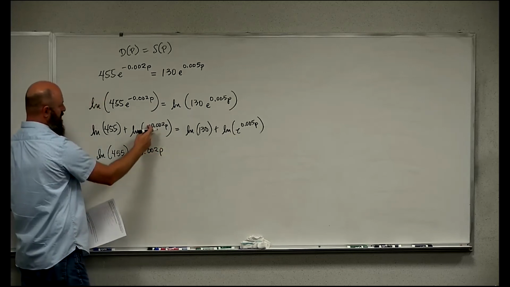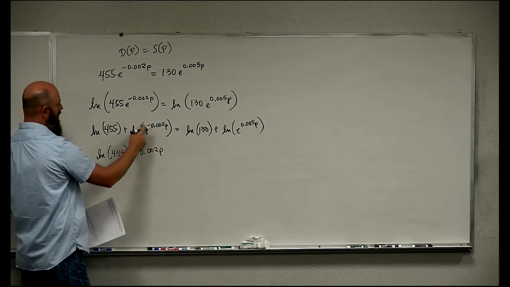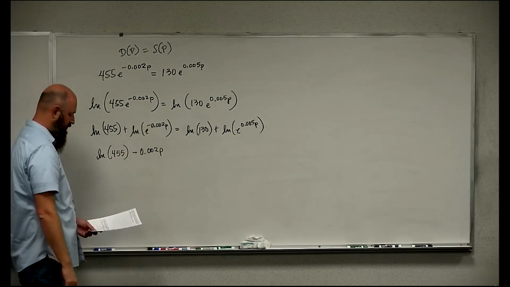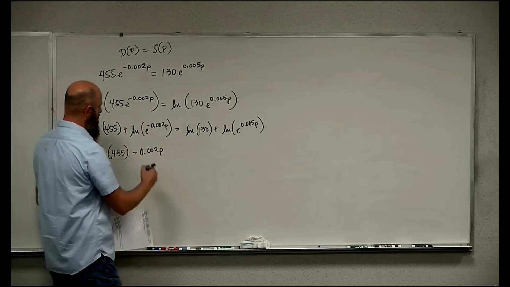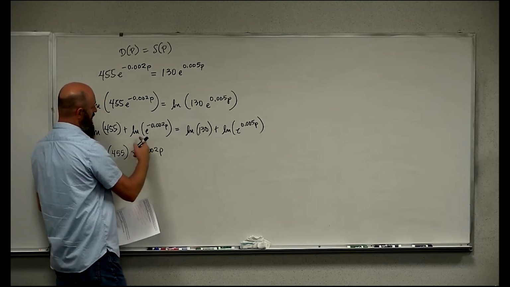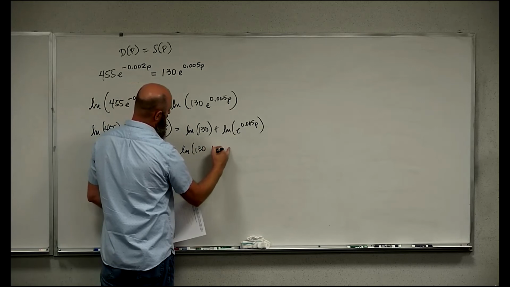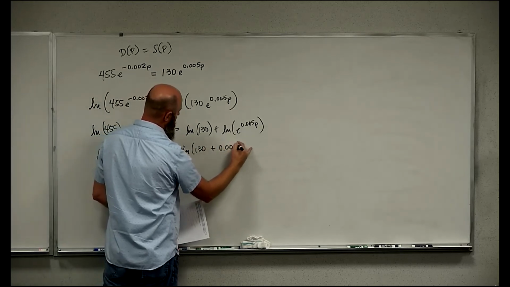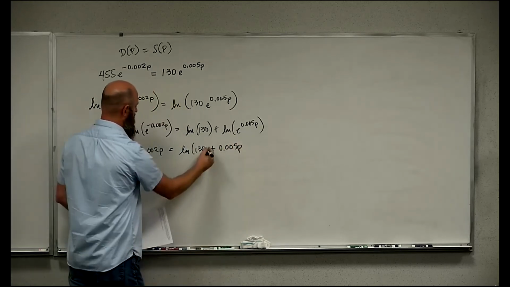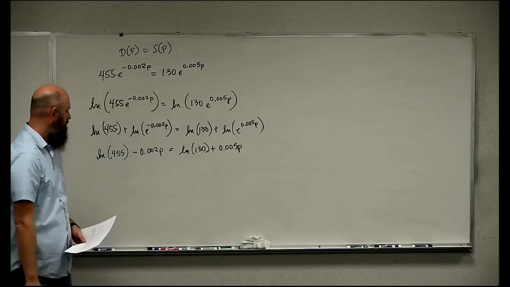The reason it's minus is because of the negative here. Positive and negative make a negative. So there's no e anymore, and for that part we have ln of 130 plus 0.005p. Let me close my parentheses.